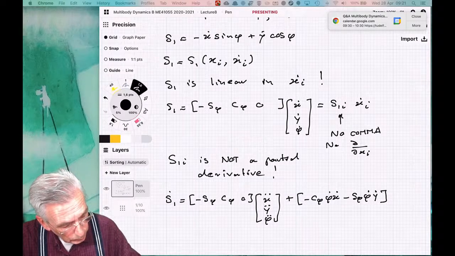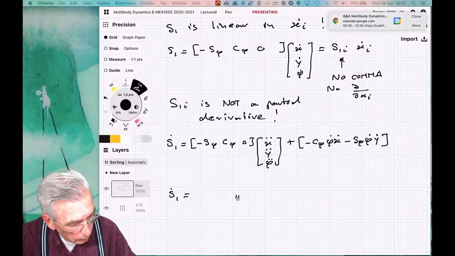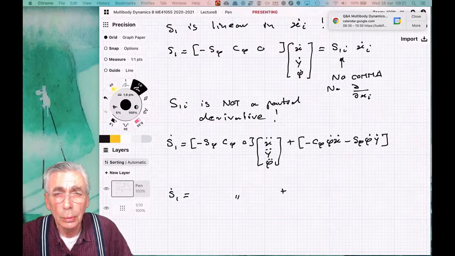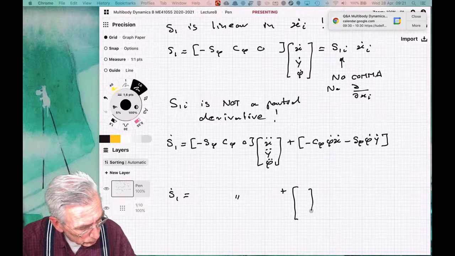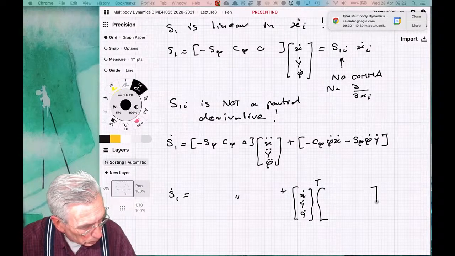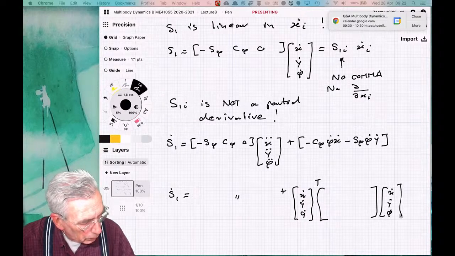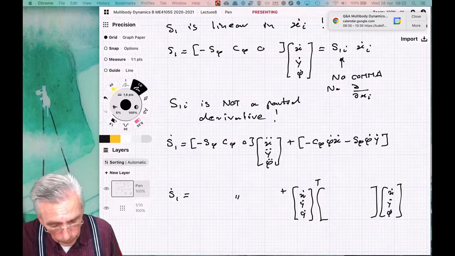Okay. We could, of course, also write this as a bilinear product, right? Because it's always quadratic in the forward speed. And one way to do that is in this way. We take the velocities x dot, y dot, phi dot, transpose, then we get a matrix, and then we get x dot, y dot, phi dot. That's a way to write bilinear expressions.